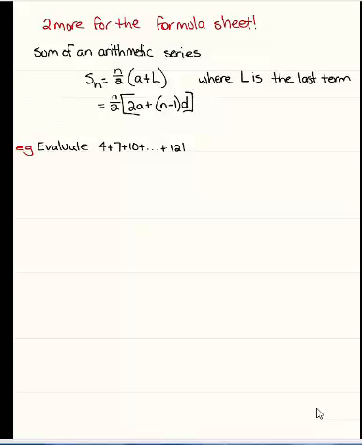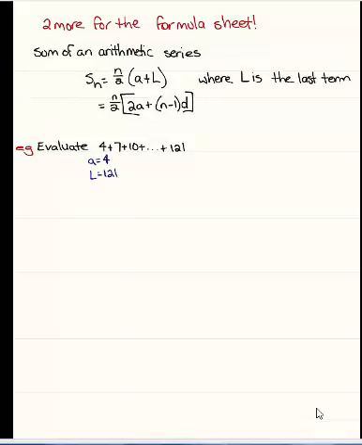So we're being asked to evaluate our series up to the term 121. So we know the first term is 4, and we know the last term is equal to 121.